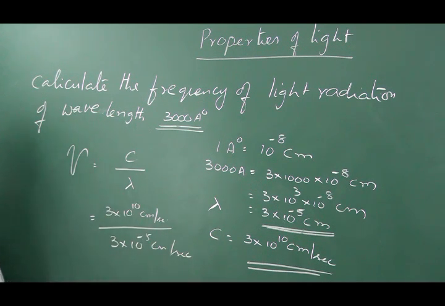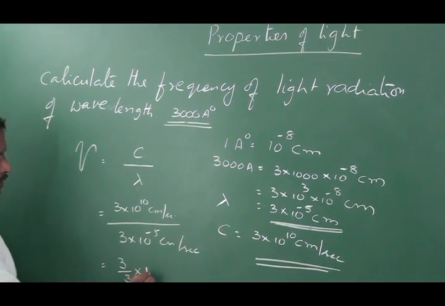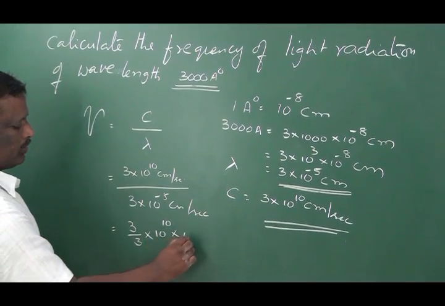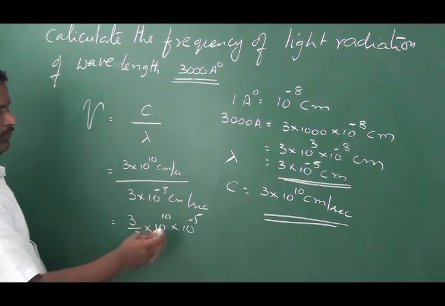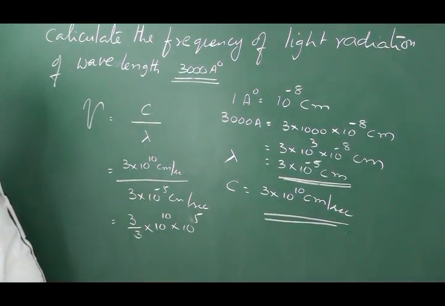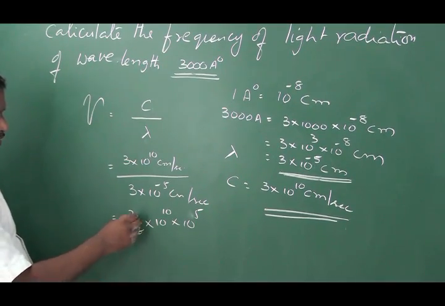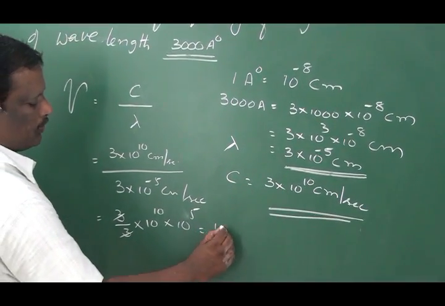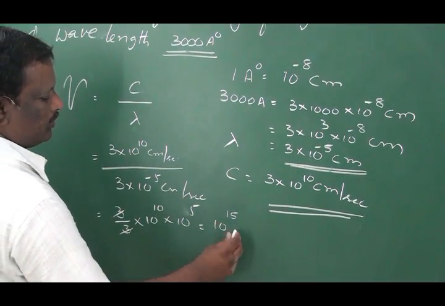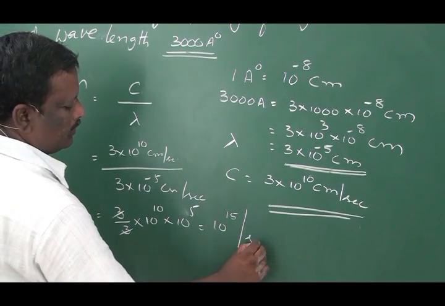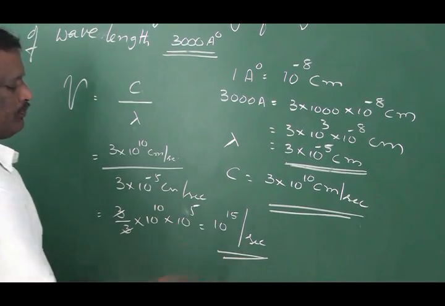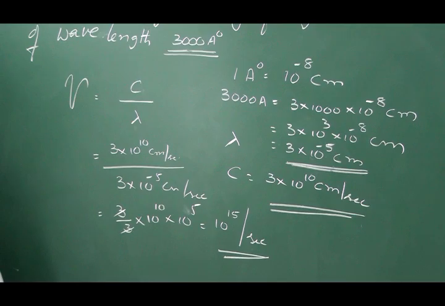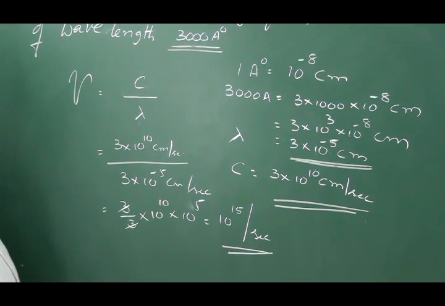This can be written as 3 into 10 to the power 10 by 3 into 10 to the power minus 5. The minus 5 will become plus 5, and the 3 cancels. So this will be 10 to the power 15 per second.